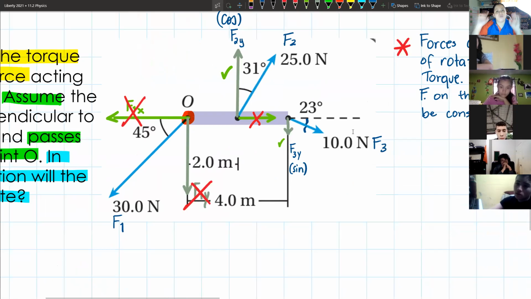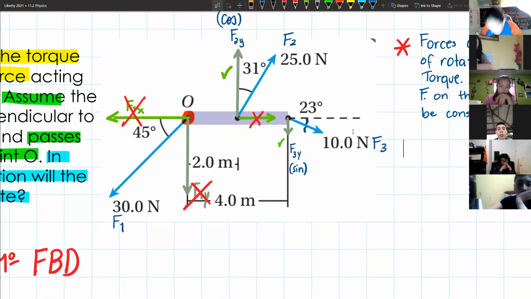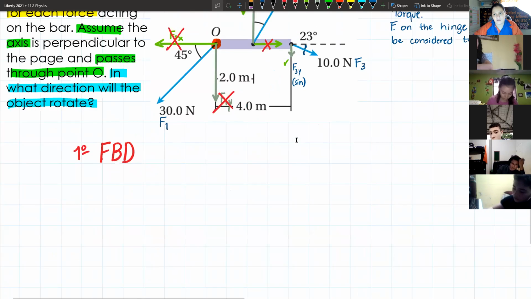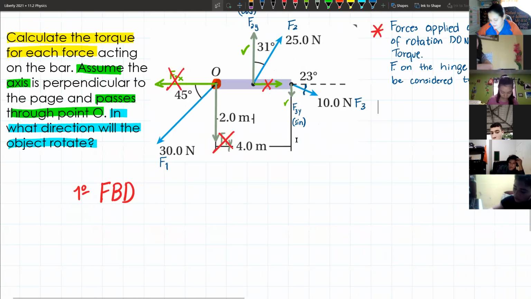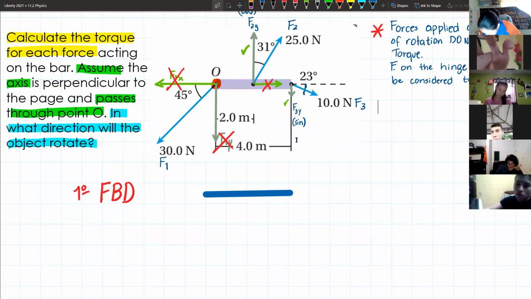After you do that, you're going to do the first step, that is building or constructing a free body diagram. How is this going to look? I'm going to trace a bar in the exact same size of the given one. Okay, that's the bar. Maybe slightly bigger.